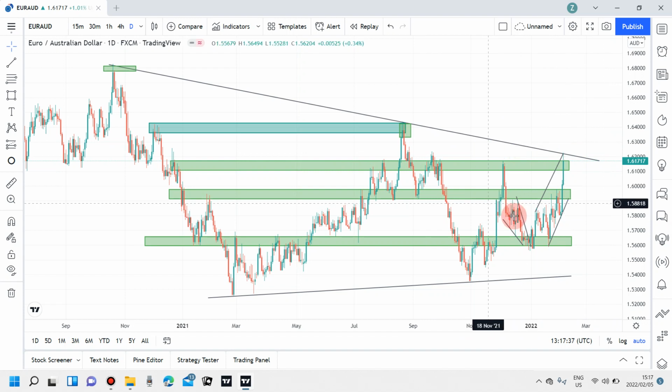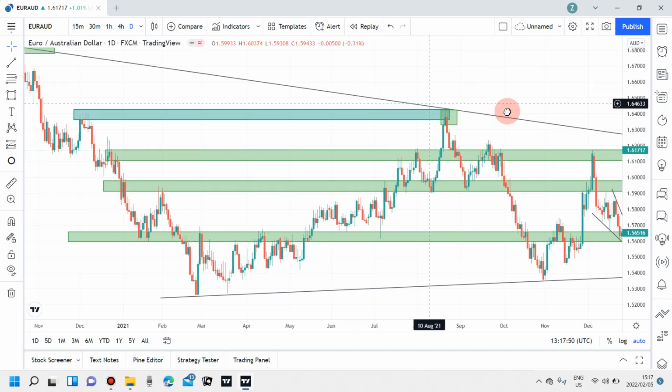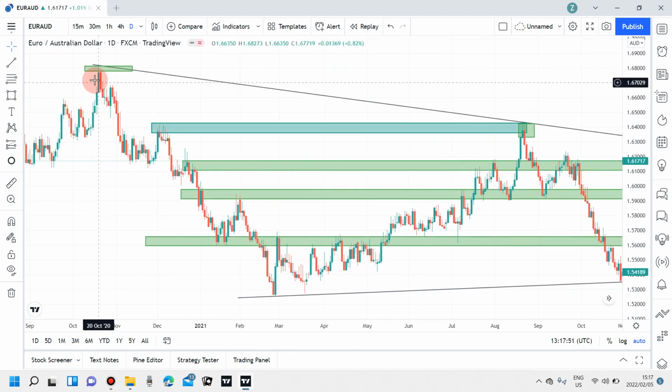As you can see here, it's a power move to this zone, and it reversed. Here, this power move to our zone, it reversed. And also here, this power move resulted in a reversal.